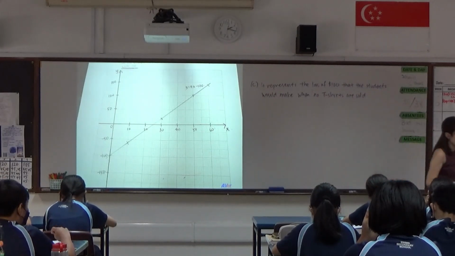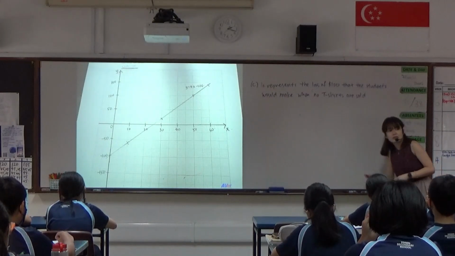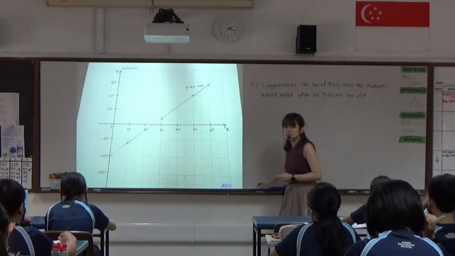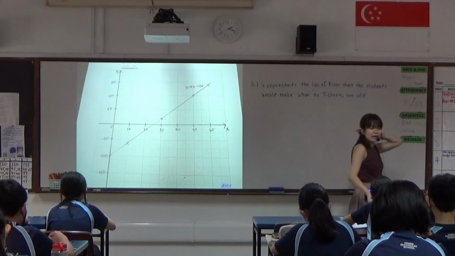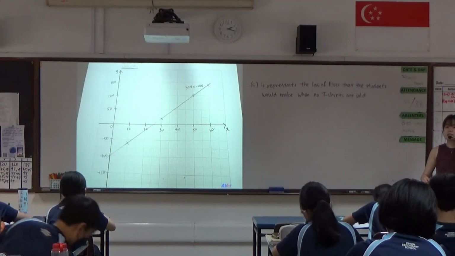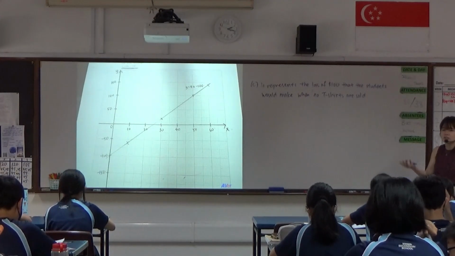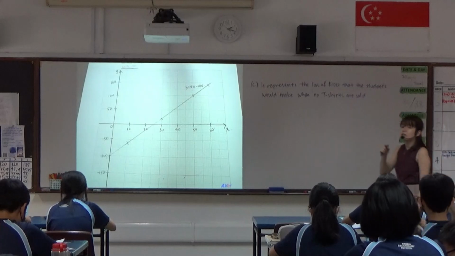Is there another way of writing or phrasing this? Any ideas? Other than a loss, why would they make a loss of 100? Very good, because that is the cost price.